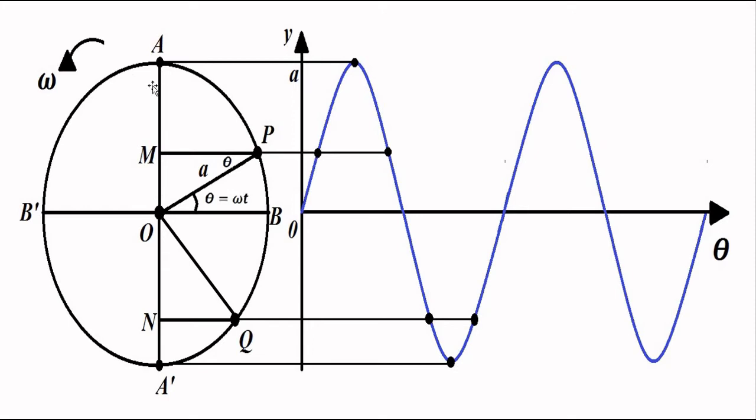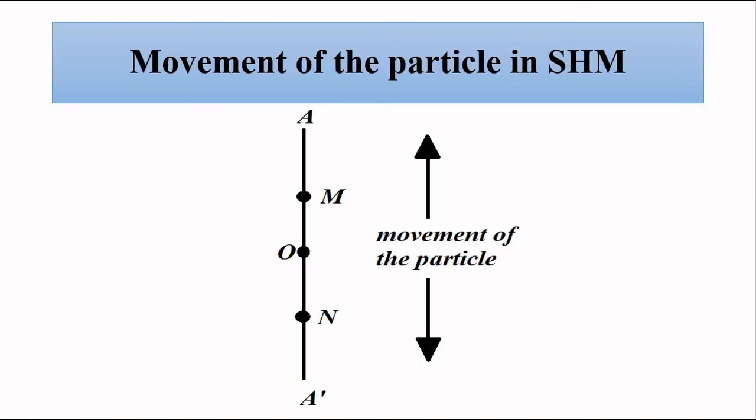That position changes as the position of the particle on the circumference changes, and that also is a form of simple harmonic motion, because this point M moves to and fro about the center position or mean position O between the two extreme points A and A dash. So this is also an example of SHM.